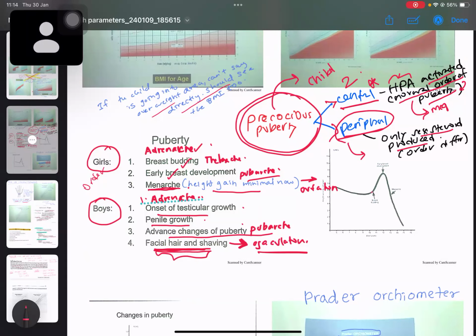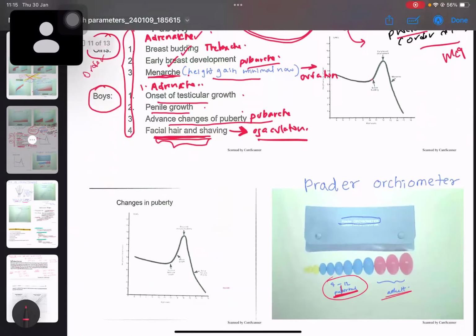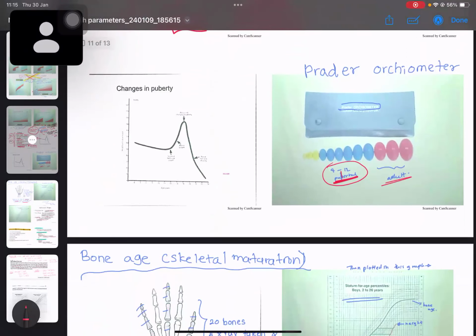So the order will differ. We can't see the normal puberty order in boys or girls if they have peripheral precocious puberty. That's enough about precocious puberty. You don't need much knowledge for exams.